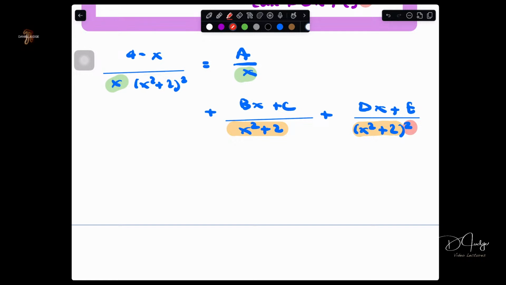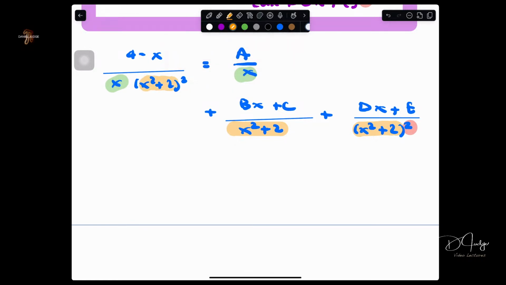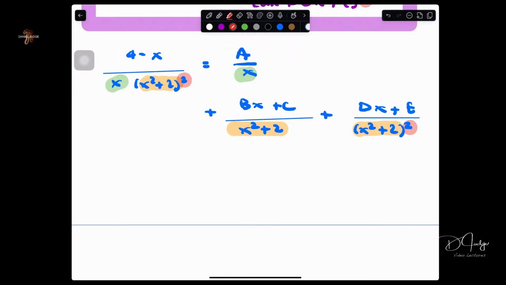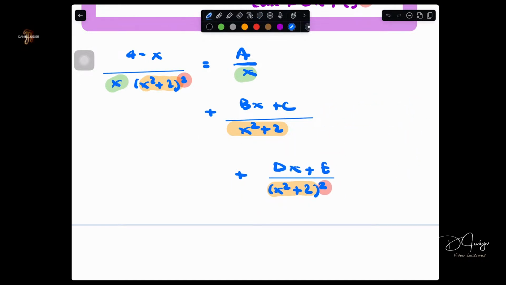Now, remember what we did before. We're going to have to multiply this first term by x squared plus 2 to the second power, and then the numerator has to be x squared plus 2 to the second power.